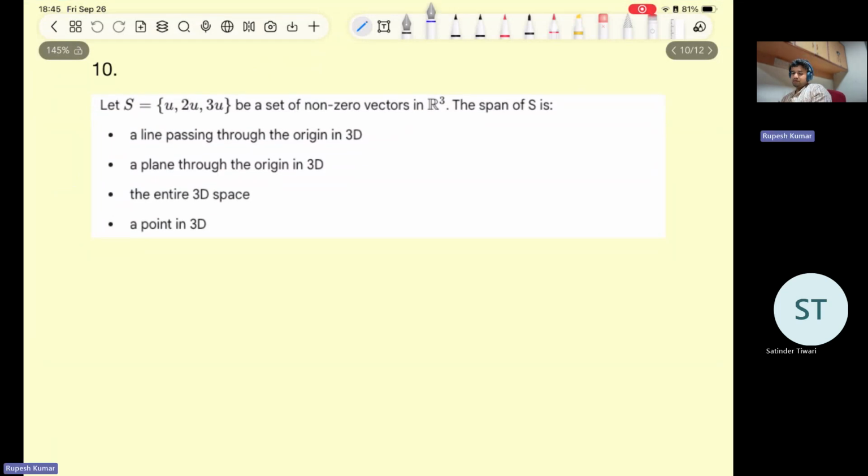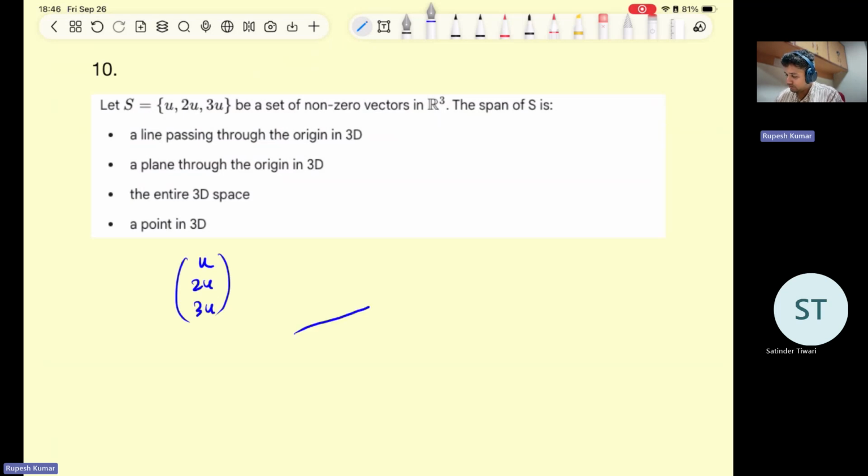So let's move on to question number 10. Let S equal to u, 2u, 3u be a set of non-zero vectors in R3. The span of S is? So you have vectors u, 2u, and 3u, right? What is the span of this vector?